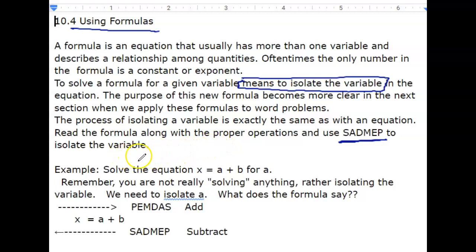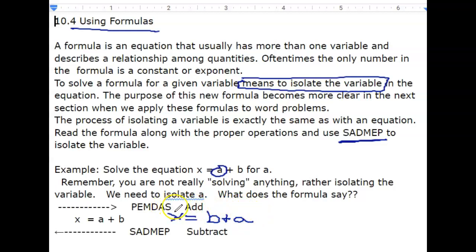So usually you're told to solve the equation x equals a plus b for a. Again, remember that you're not solving, you're just getting a all by itself. So here's the a that I want to get all by itself. I might want to go ahead and rearrange this. Remember how we did in 1- and 2-step equations? Get the variable that you're trying to keep, or the piece that you want, as far away from the other side as you can.